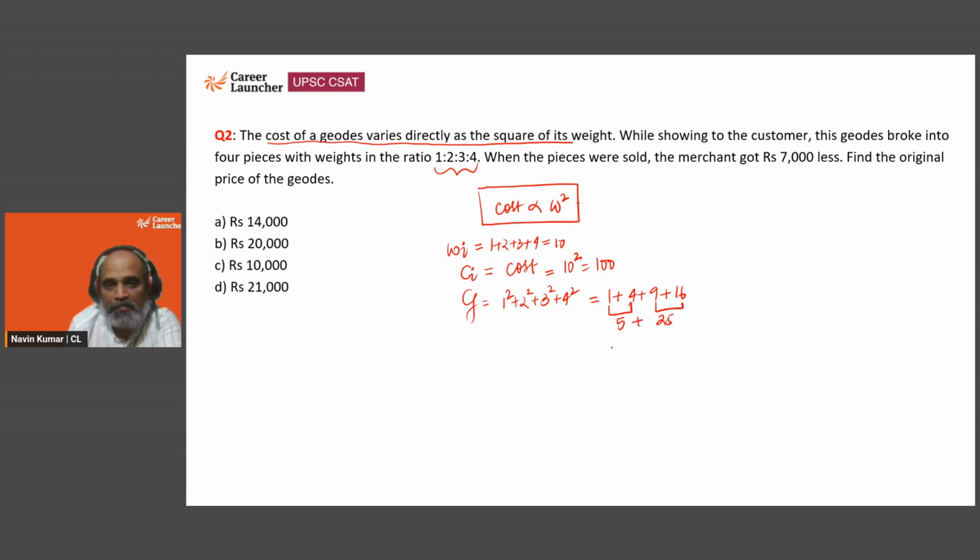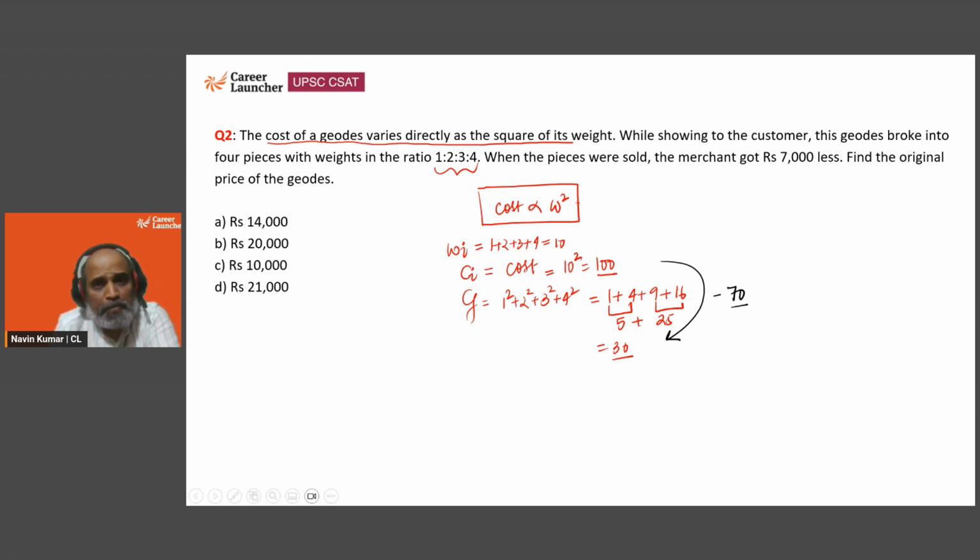So 5 plus 25 will result in 30. So when the weight was 10, the price was 100. When the weights are 1, 2, 3, 4, the prices are 1, 4, 9, 16, so that the overall price is 30. Now, what we see is there is a reduction of 70.